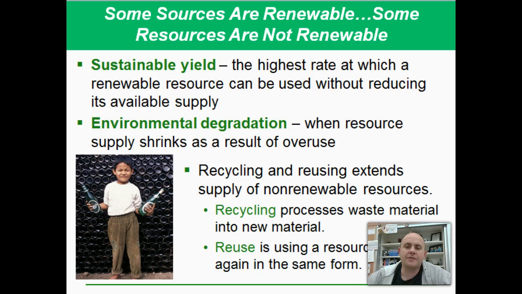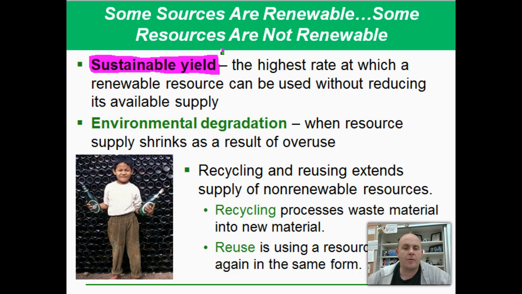So we have these different resources, and when we're dealing with these resources, we want to handle them in a renewable way. And so this is where the idea of a sustainable yield comes in. A sustainable yield, a yield is when we take something out of a system. And so a yield is what we're going to get out from the environment.